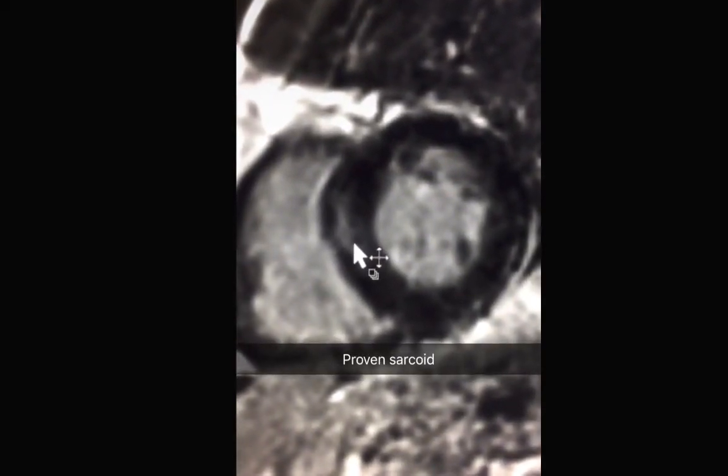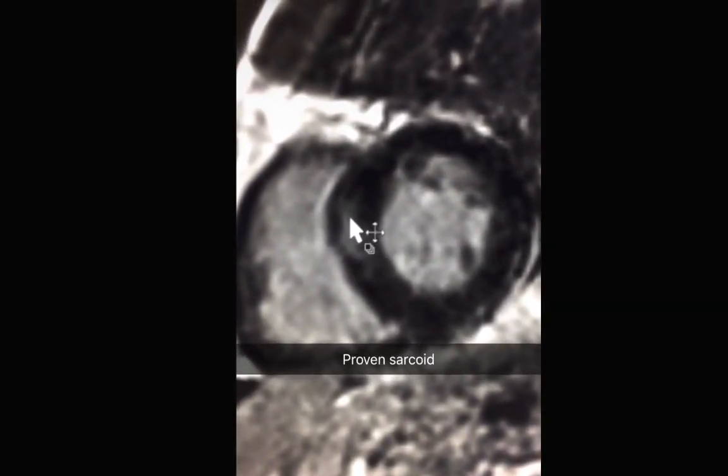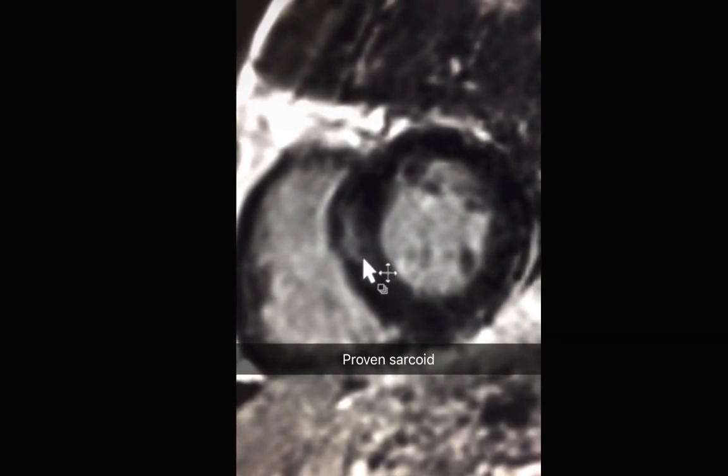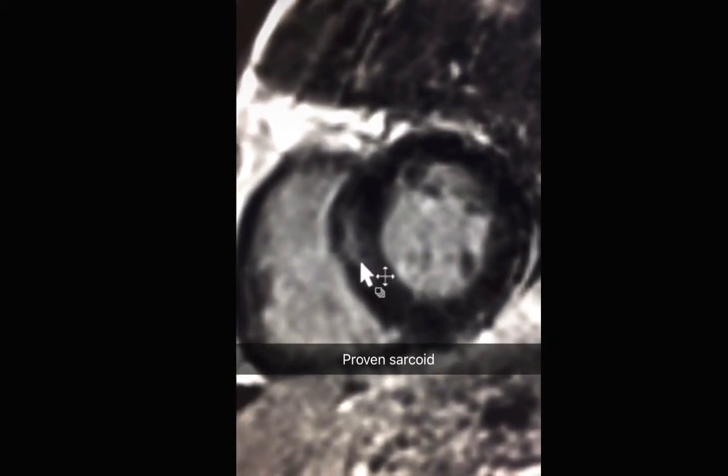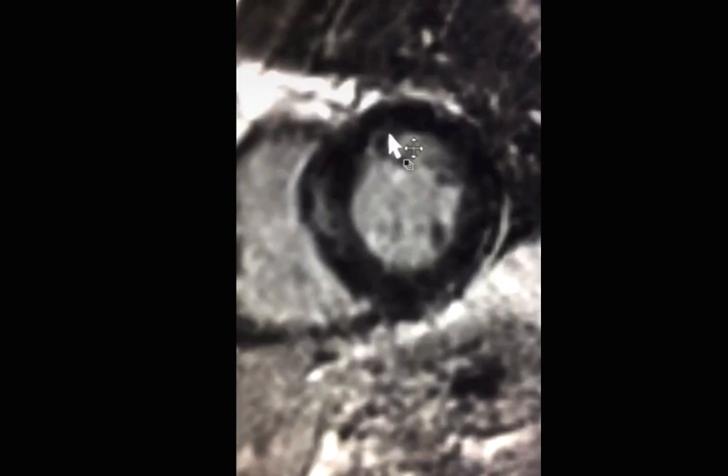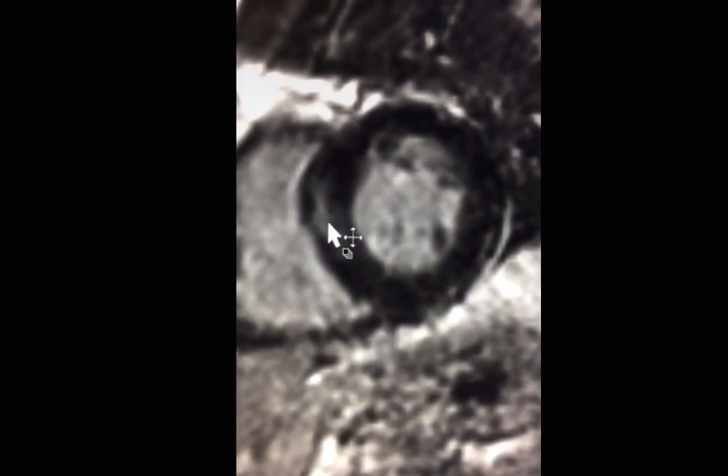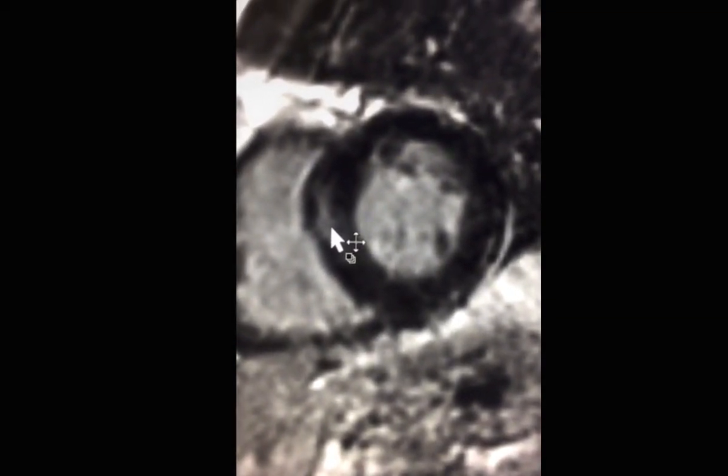This was a proven case of sarcoidosis, and these areas of enhancement represented infiltration by non-caseating granulomas. In many patients with cardiac sarcoid, the patient is asymptomatic. However, in some cases, these granulomas may be symptomatic, since they may lead to arrhythmias and heart blocks, and this is what this patient presented with.